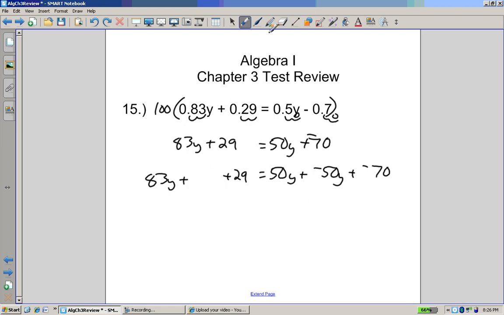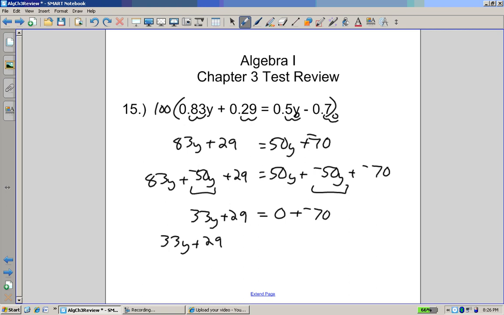Oops, I messed up here. And the same thing. Okay, then get all your variables onto the same side.